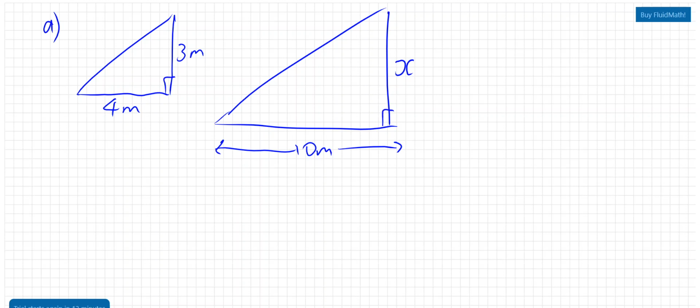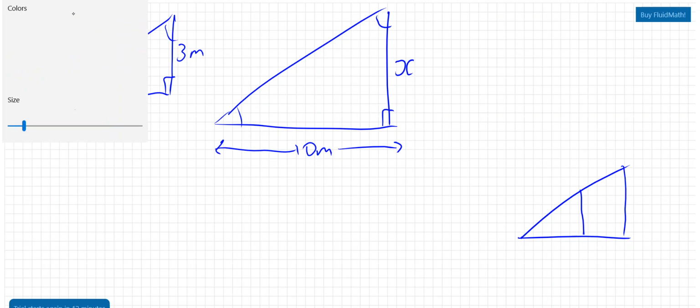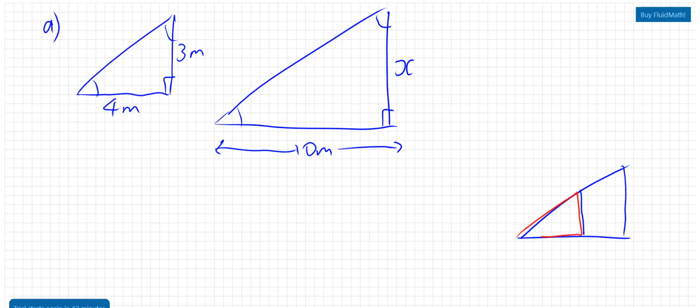If you remember learning similar triangles, all the angles are equal in both triangles, and that's why they are similar. If you ever have a diagram like this, and I put a line in here, I have made two triangles. There's a smaller one just here, but there's also a larger one over there.